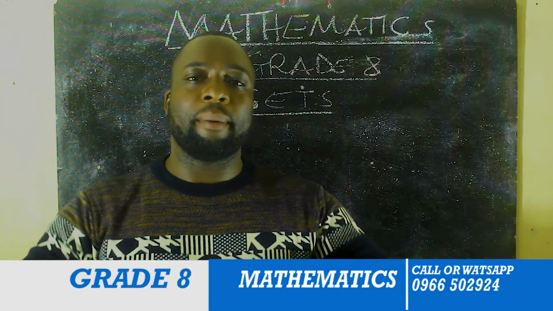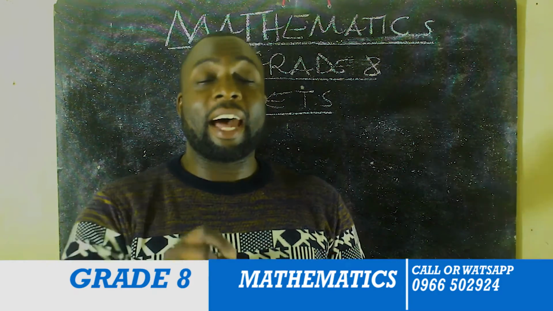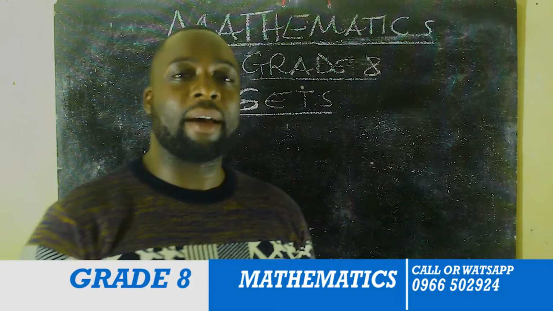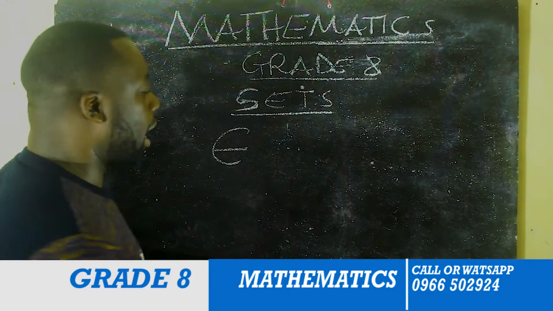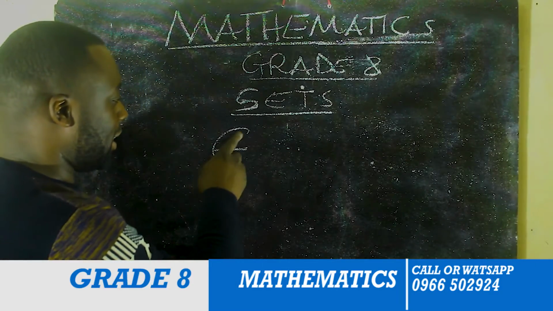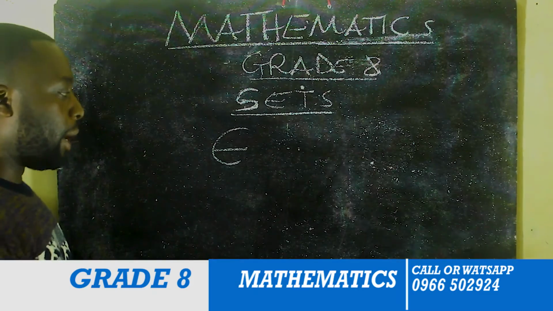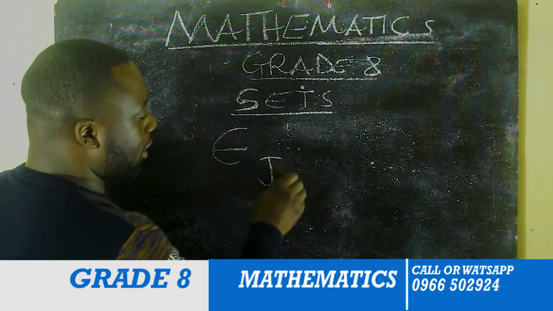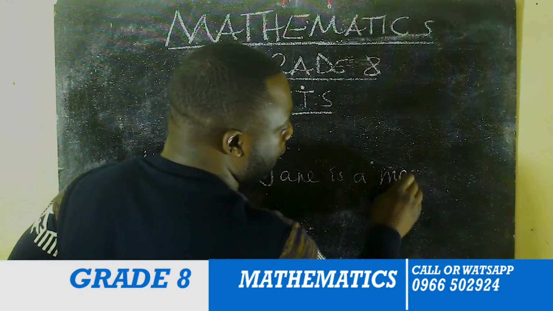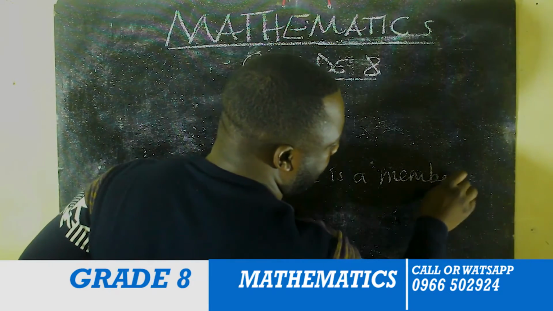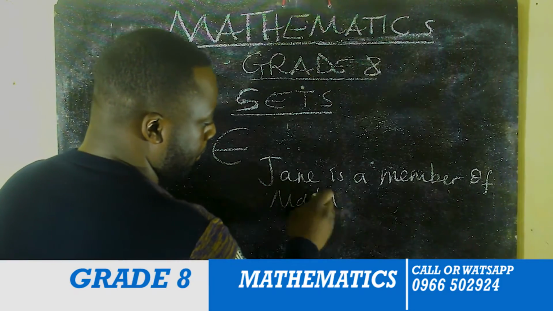Once you become a member of that club, we can represent that in symbolic form in mathematics using this symbol. You've seen, right? It is not the letter S, it is in that nature. So we can say Jane is a member of maths club.